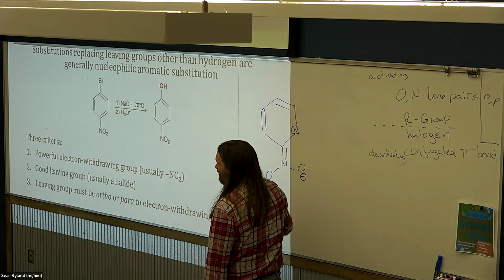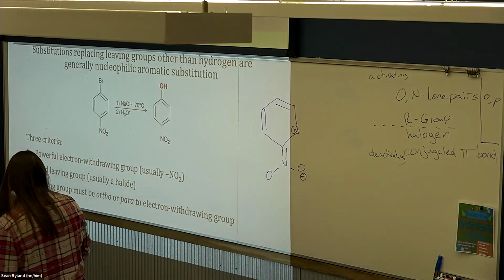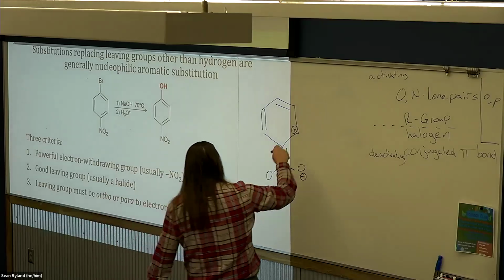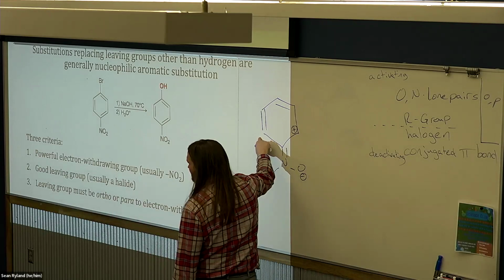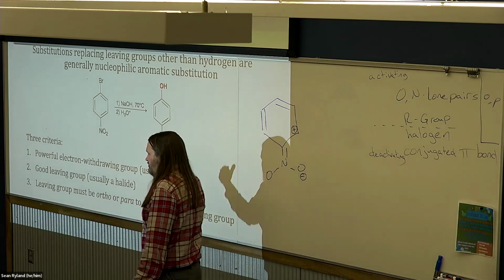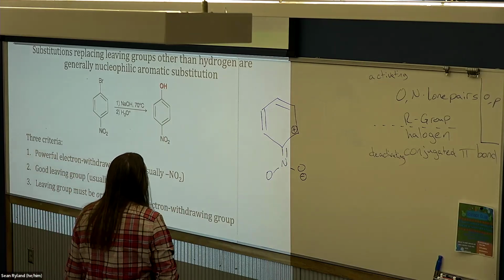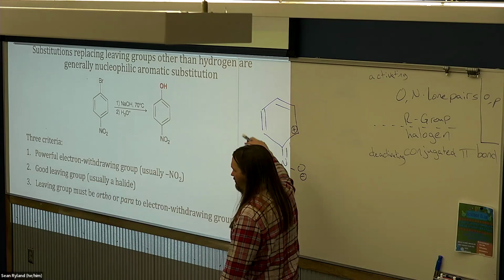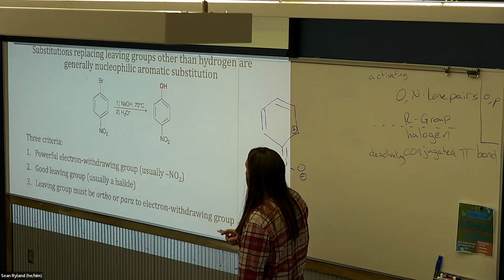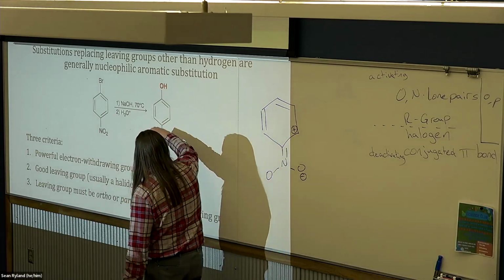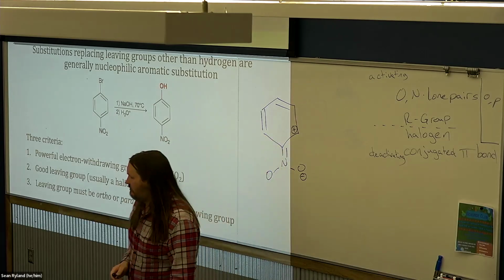That positive charge can resonate around to the ortho and the para positions. The fact that the positive charge can be on the ortho and para carbons is what's going to make it a good target for a nucleophile. We need something that has some partial positive character in order for a nucleophile to attach to it. So that's why these only work if your leaving group and your nitro group are ortho-para relative to each other.